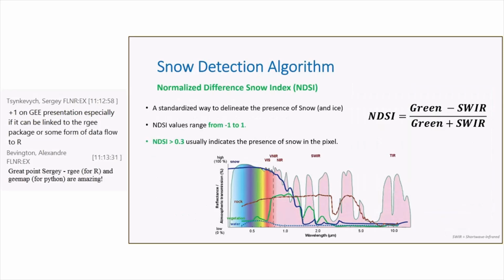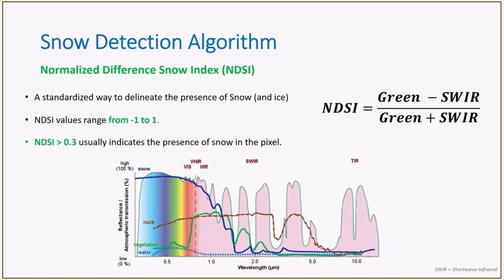So the snow mapping technique used in the tool is mainly based on the normalized difference snow index, or simply NDSI, which is one of the most used indices to detect snow from multispectral measurements.